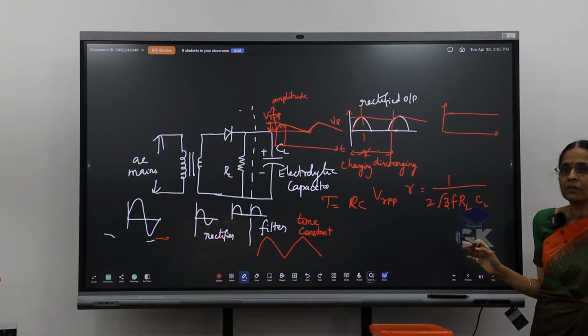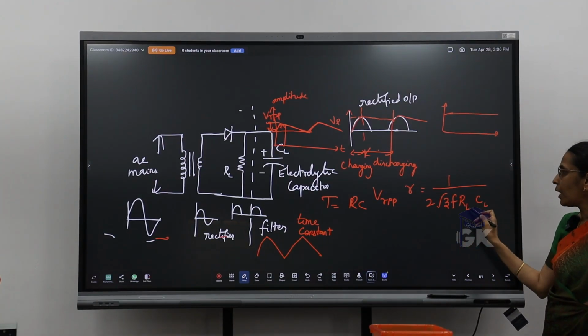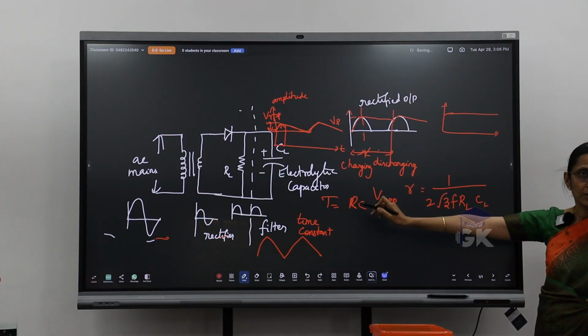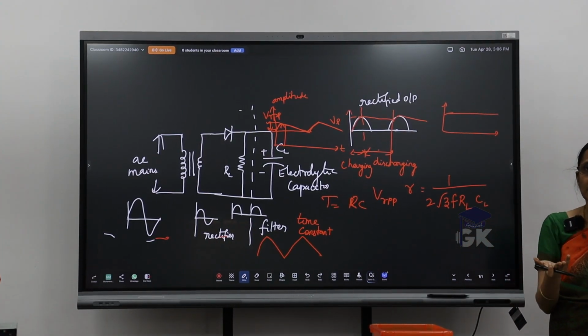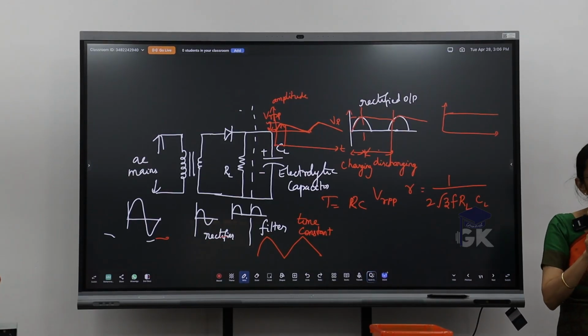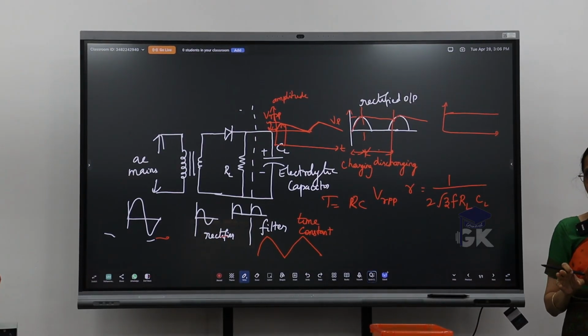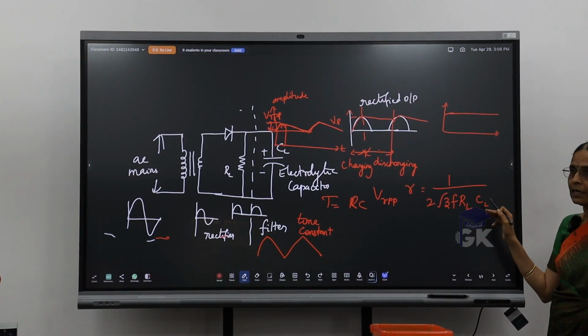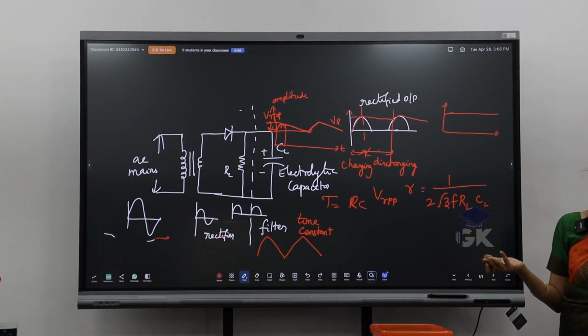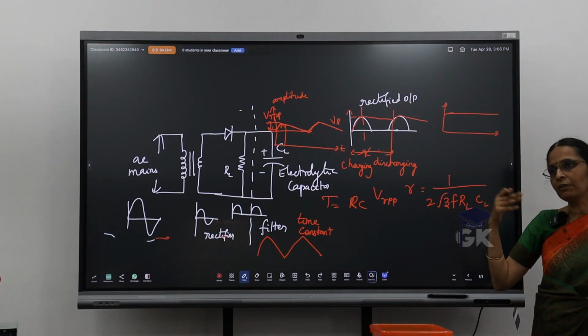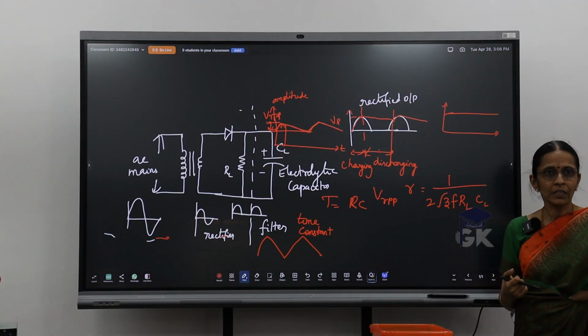What is the frequency? 50 Hertz. RL is nothing but the load resistor. Suppose we have used 1 kilo ohm and 5.6 kilo ohm. Whichever you have used in your circuit, you substitute that appropriately. Then CL, we are going to vary now. We will probably use some 100 microfarad or 470 microfarad. Like that we will be changing the value of CL.